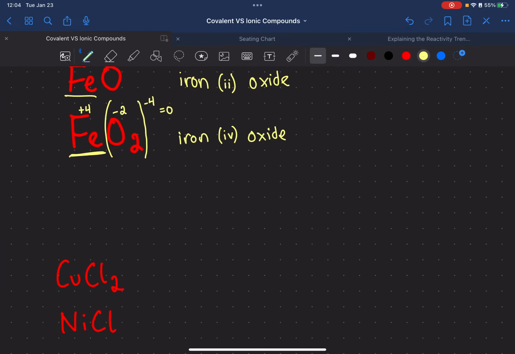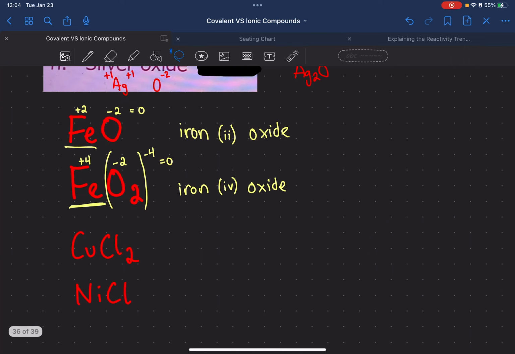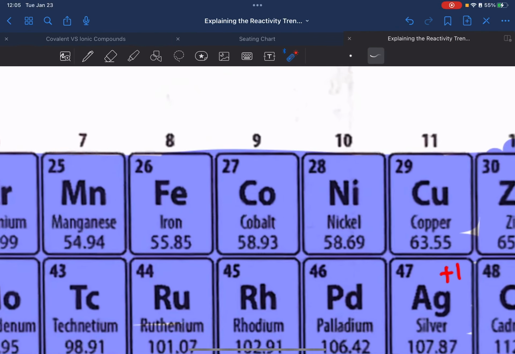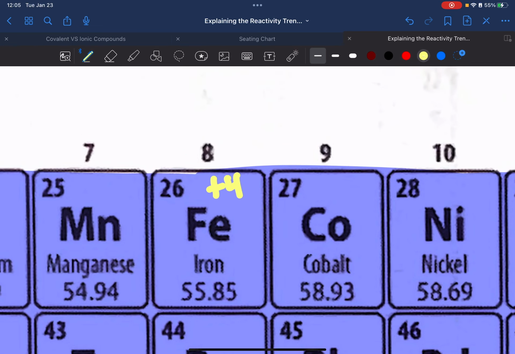But all of the transition metals, or most of them, can take on multiple charges. So that's unique about transition metals. Like this iron, sometimes it has a +2 charge, but here it has a +4 charge. So I don't think it would be appropriate to go to our periodic table and label here +2, because actually, iron can take on a +1, and it can also take on a +3.